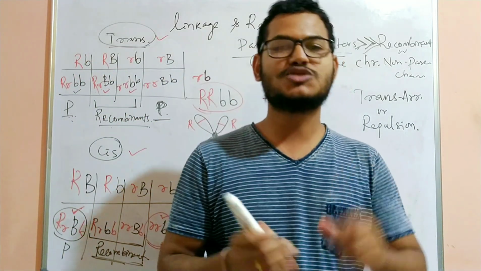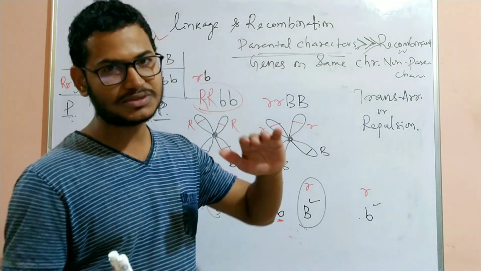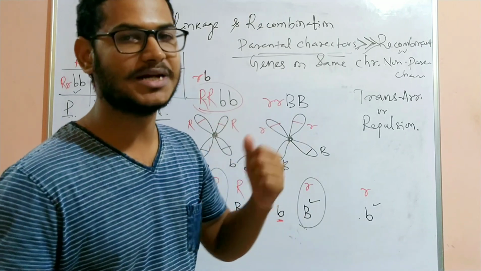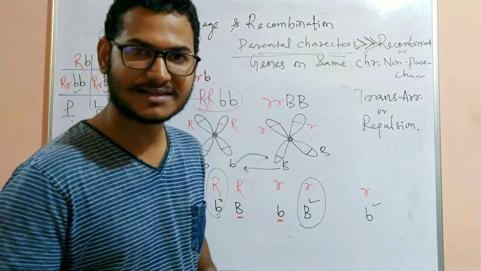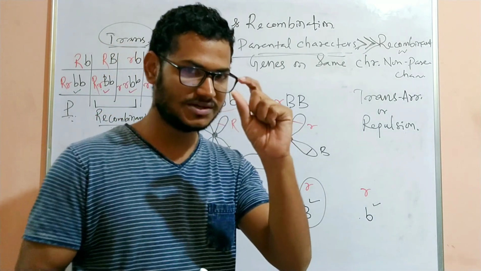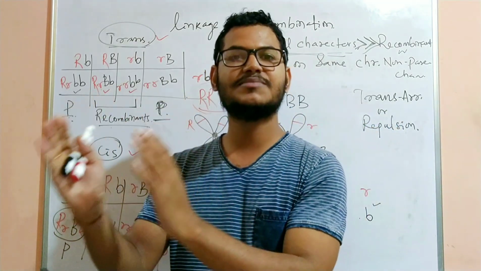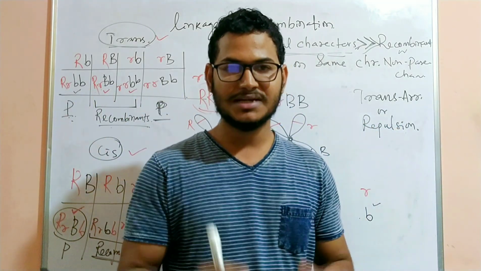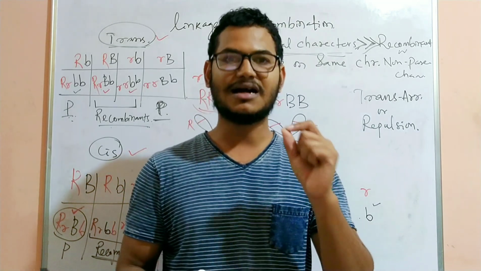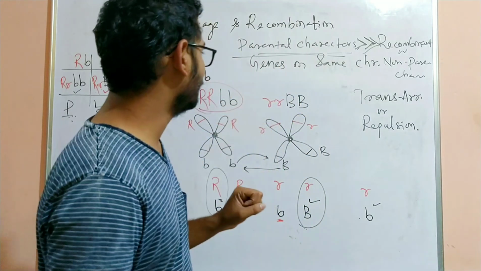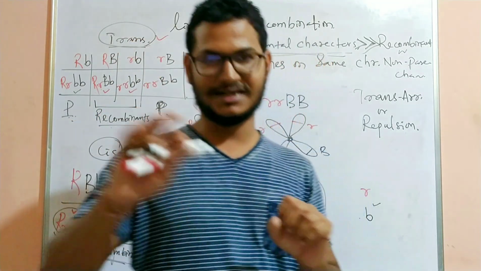The first one is when the genes are located in different chromosomes, where the appearance of recombinant varieties is more. In scenario 2, we discussed the arrangement of genes, with the dominant on one chromosome and the recessive on the other. In cis arrangement, we have all dominant characters in one chromosome and all recessive in the other.